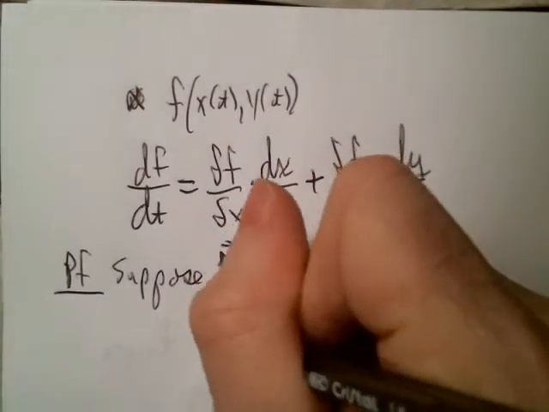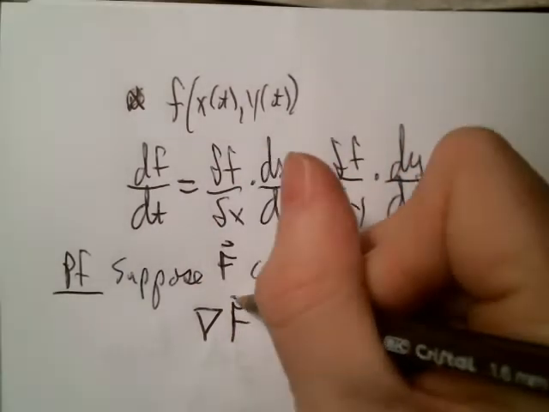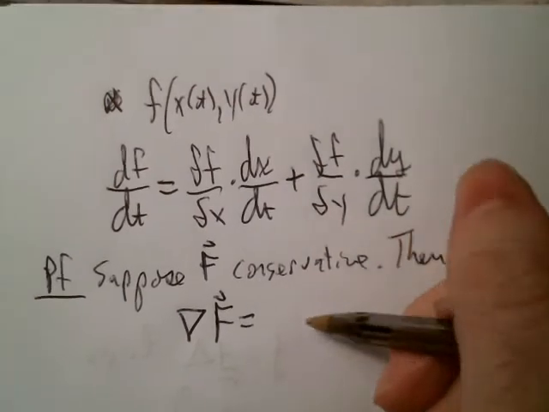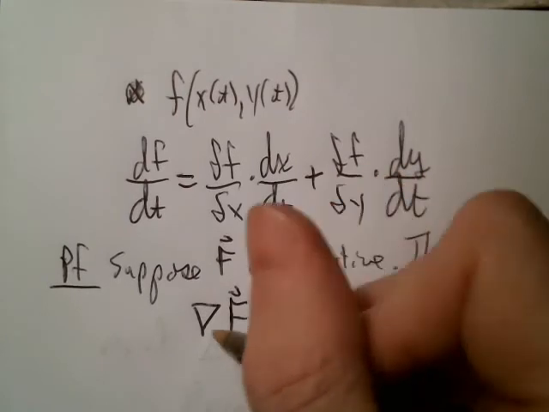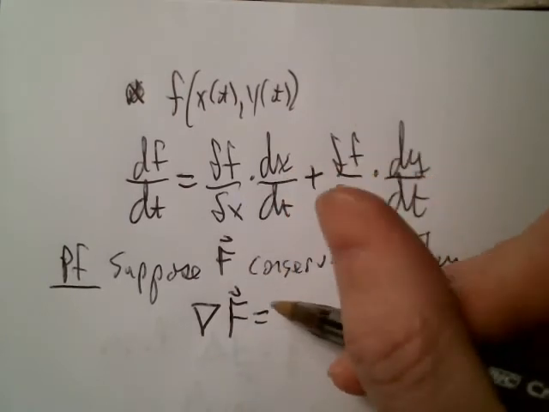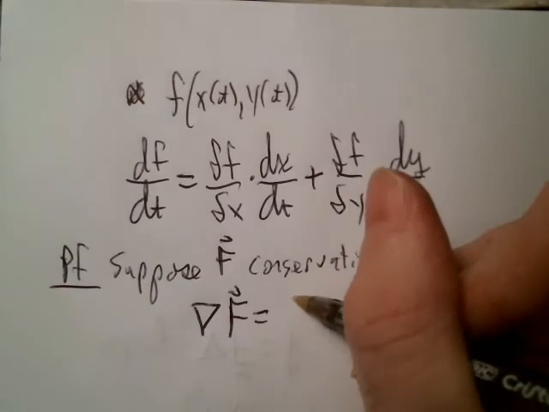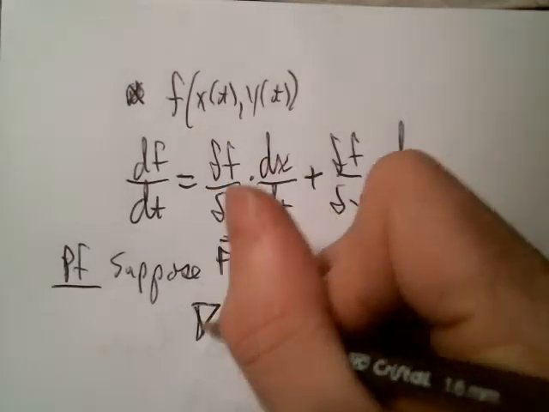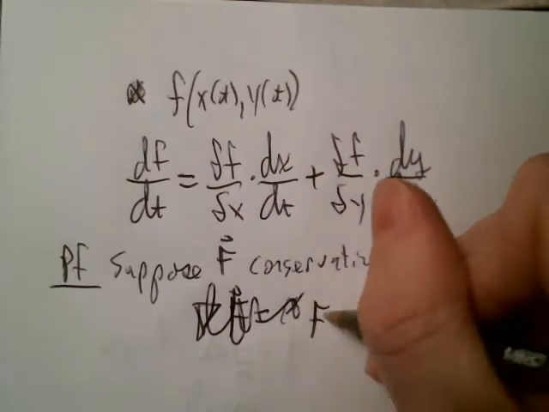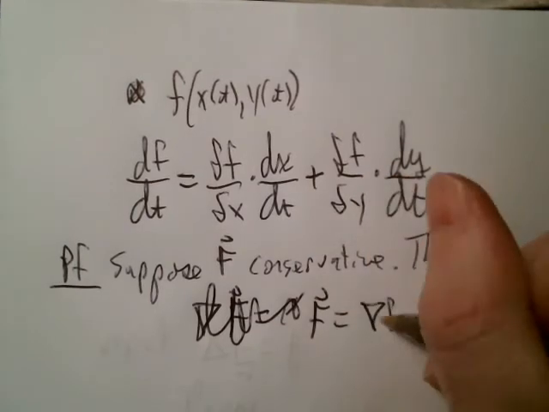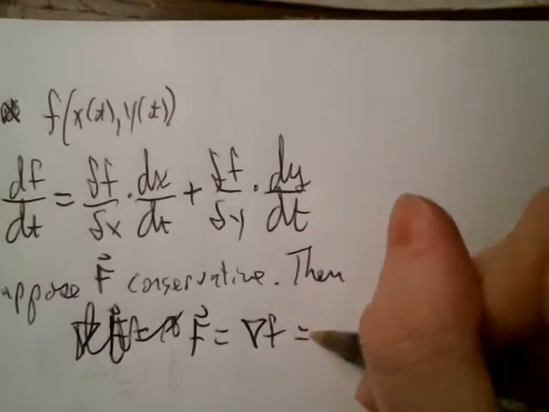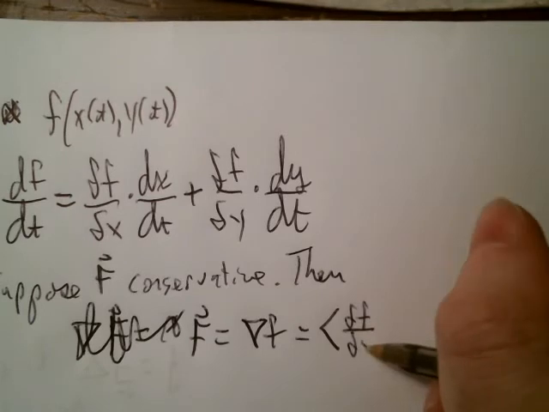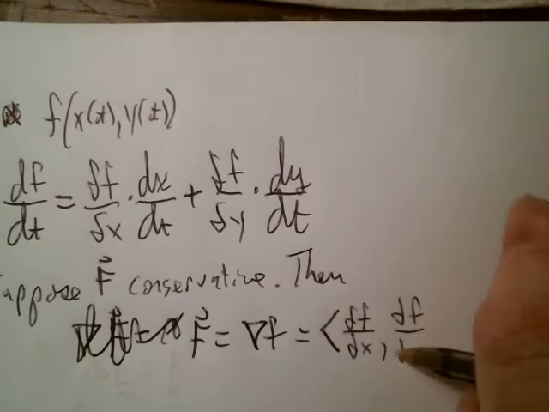Then f is literally just equal to the gradient of the potential function, and that's going to be equal to the partial derivative of f with respect to x, comma, the partial derivative of f with respect to y.